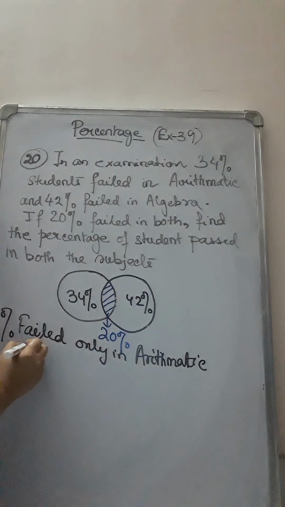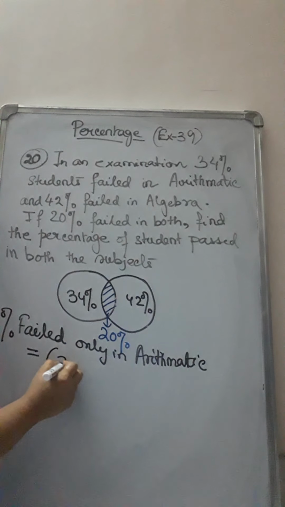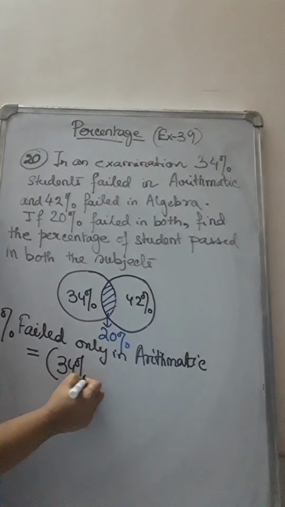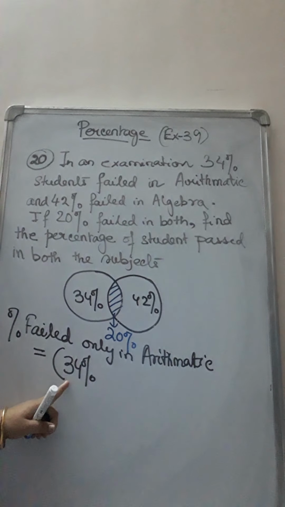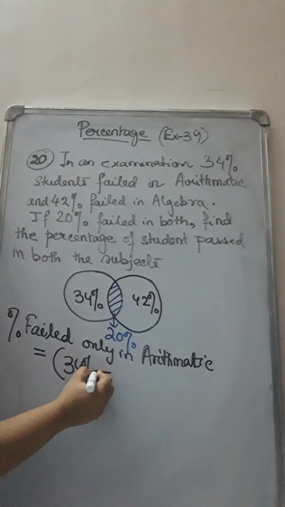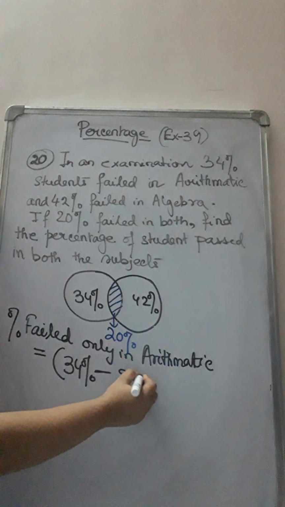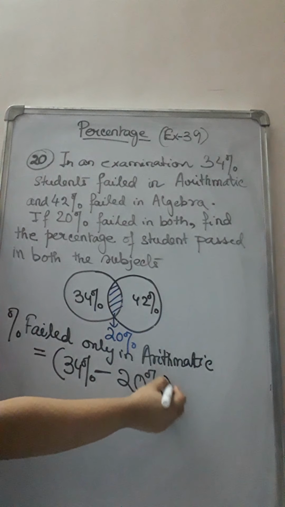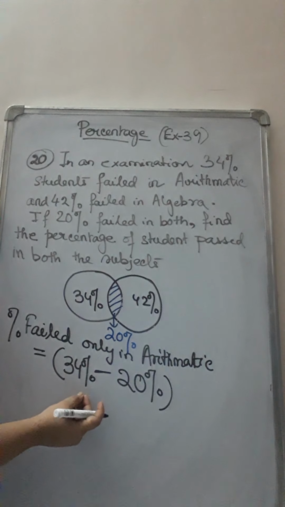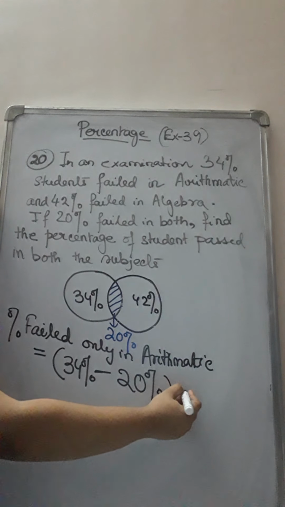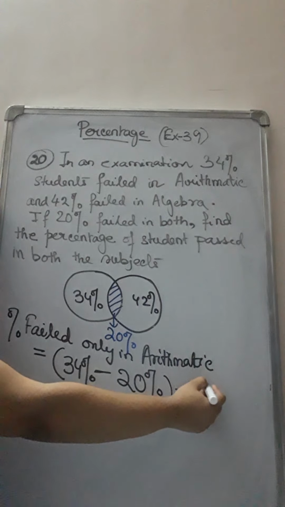And how will I find that? Total who failed in arithmetic is 34%. If the total class means 100%, 34% of the students have failed in arith. From here, if I subtract 20%, that means those who have failed in both arith as well as algebra, they are included over here. So the answer will be 14%.